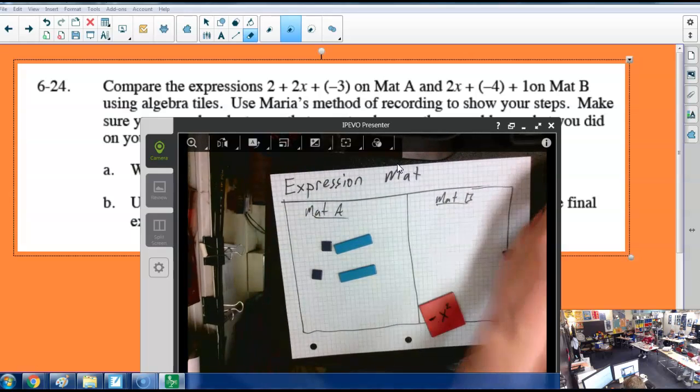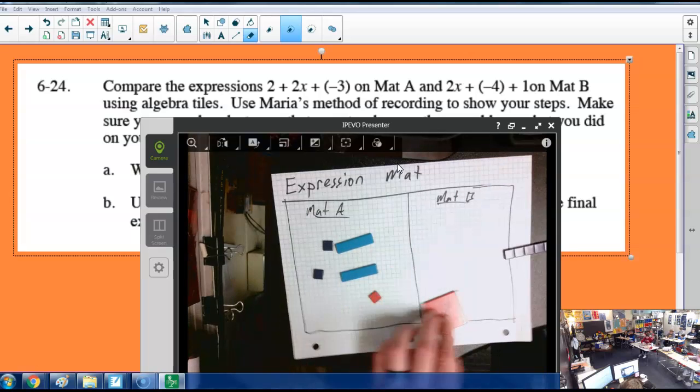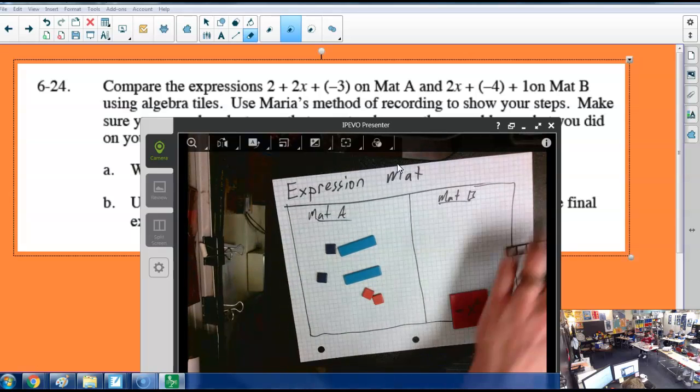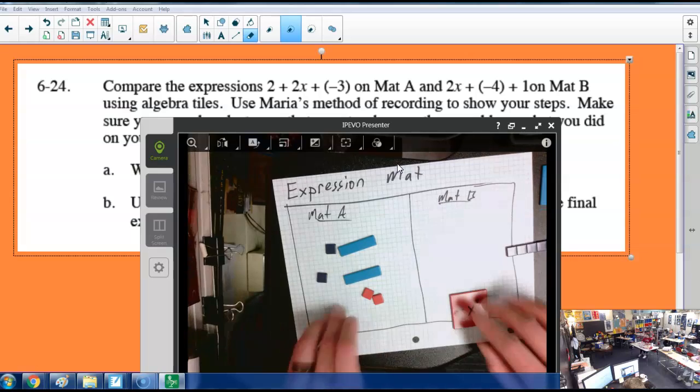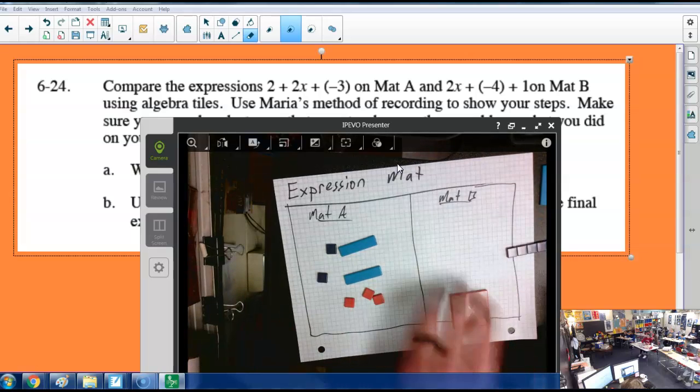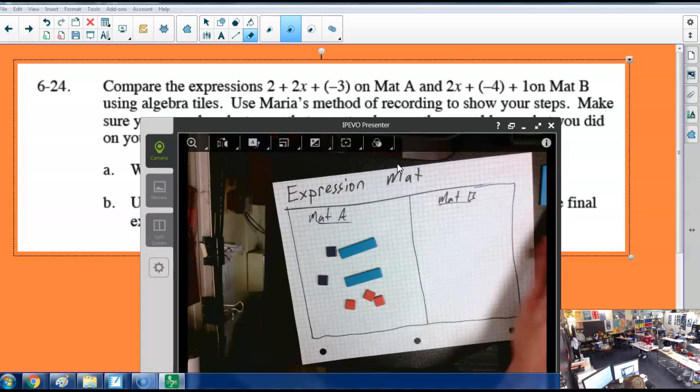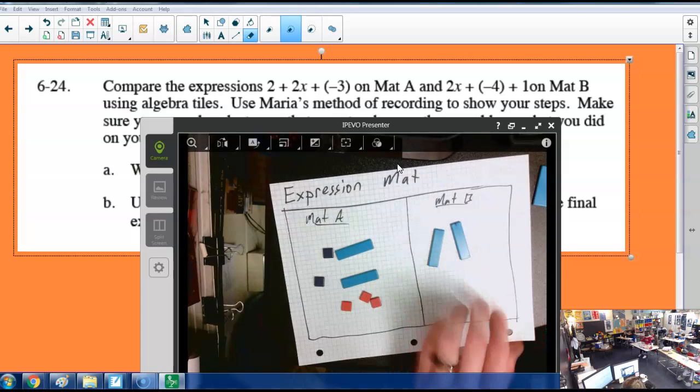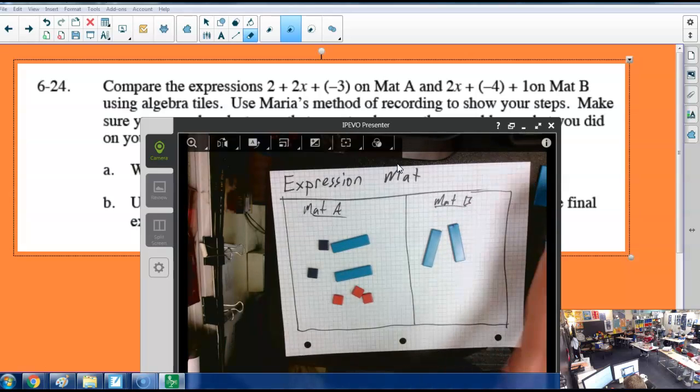The rectangles, remember, the rectangles, because the other ones are x squared. Remember, red is negative when we're using tiles. 2x plus negative 4.